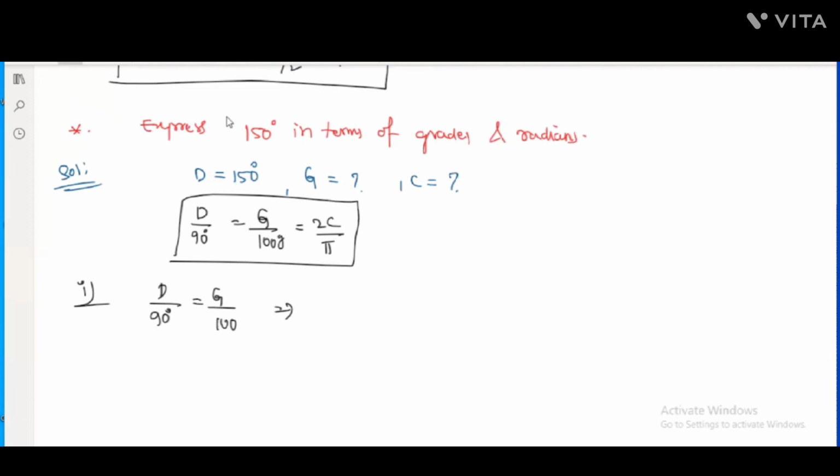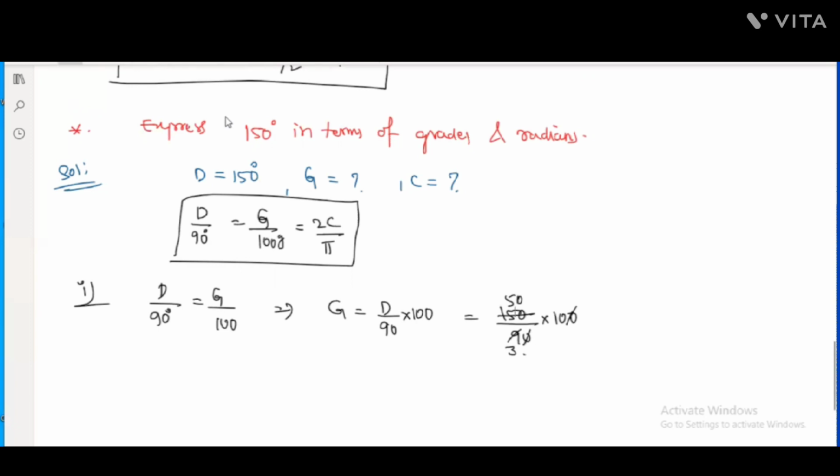So G is D by 90 into 100, which is 150 divided by 90 into 100. Here the zeros cancel; 3 threes are 9, and 3 fives are 15.